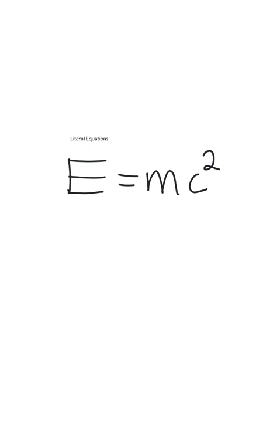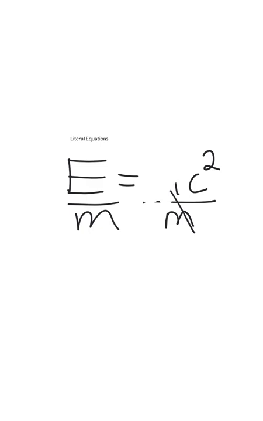To do that, I can divide both sides by M. This M cancels out with that M, and then we're left with C squared equals energy over mass. So the speed of light squared is equal to energy over mass.